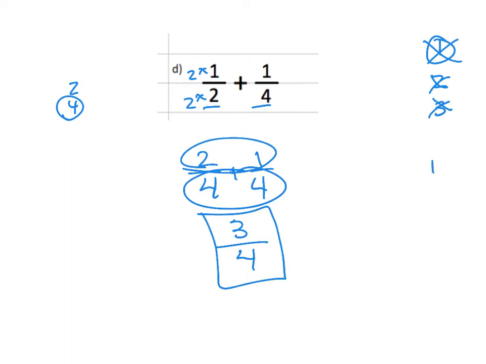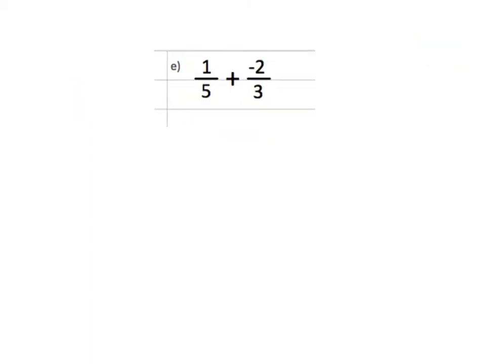Again, I would recommend always following steps 1, 2, and 3. Now we're going to throw a negative in there, and it's really not going to be any different than what we were already doing. Still 3 steps. Step 1, common denominator. Between 5 and 3: 5, 10, 15, 20, 25; 3, 6, 9, 12, 15.